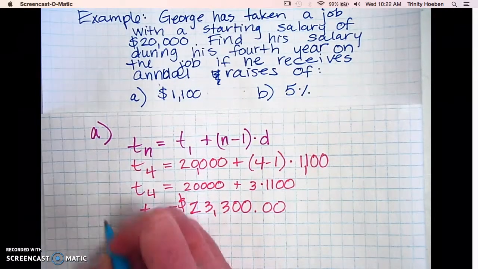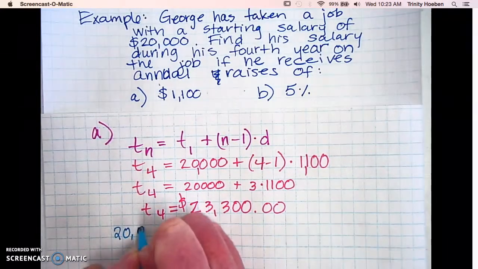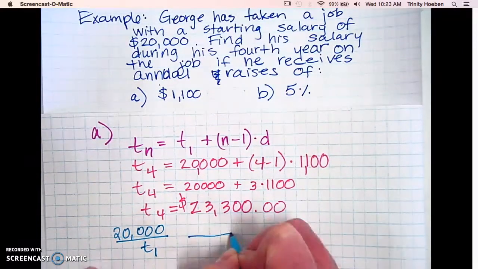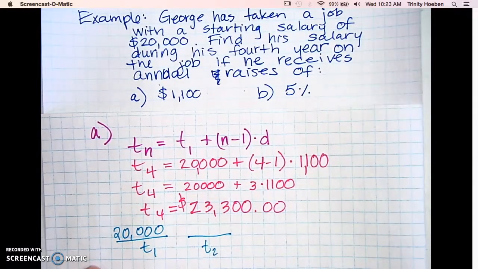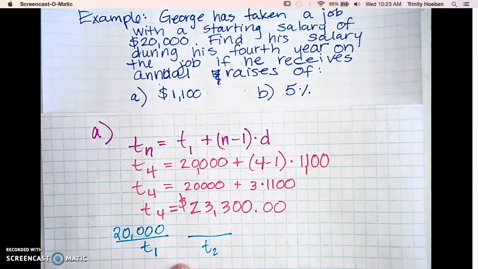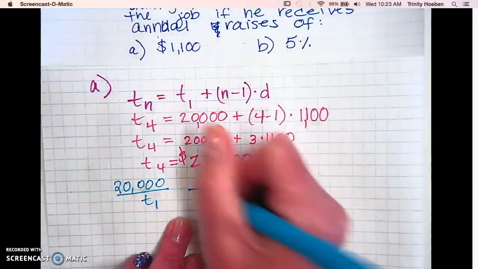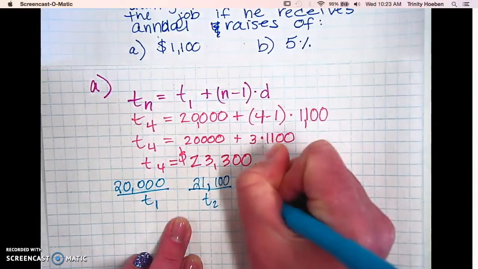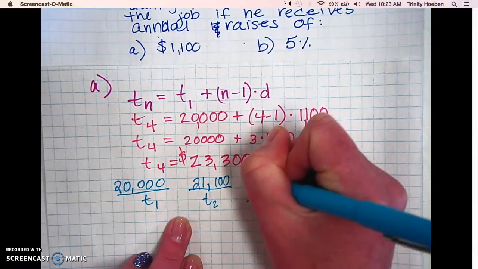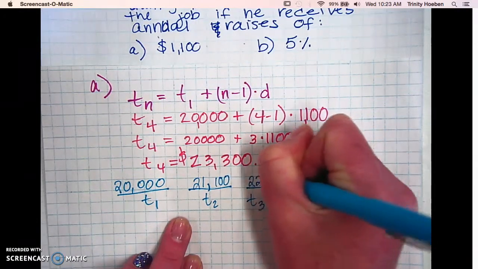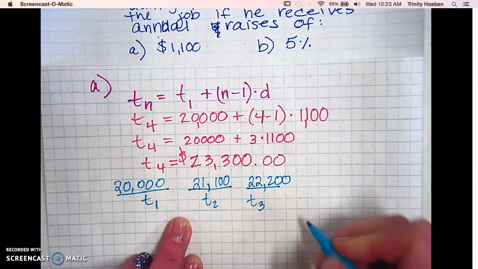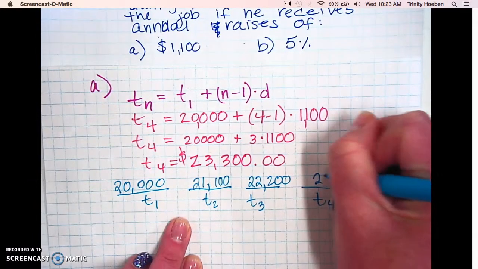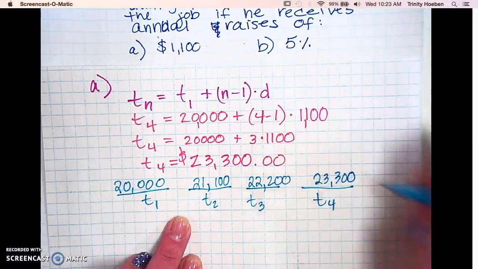Or you can start with $20,000 for the first year. Second year, you would simply do what? Add the 1,100. So you'd have 21,100. Third year, you'd have 22,200. And the 4th year, 23,300.